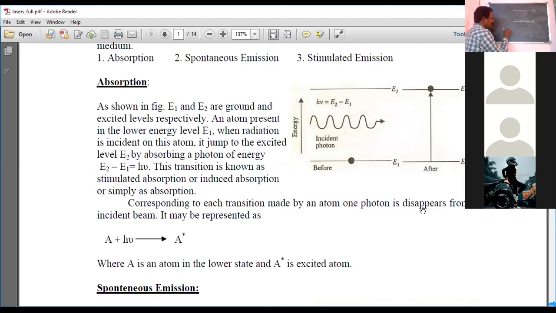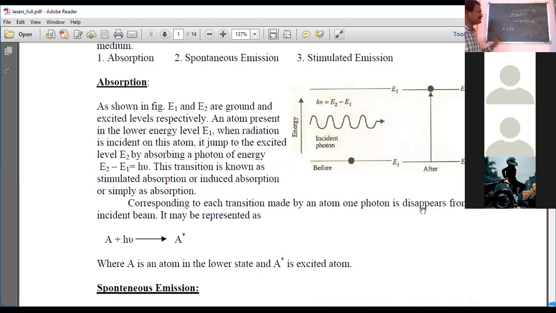Now, if this atom is provided with some energy, let us say h nu, that is, it is given a photon of energy h nu. What is h nu? Energy of photon. If it is given an energy h nu, then it must be equal to the difference between the energy states, that is E2 minus E1.